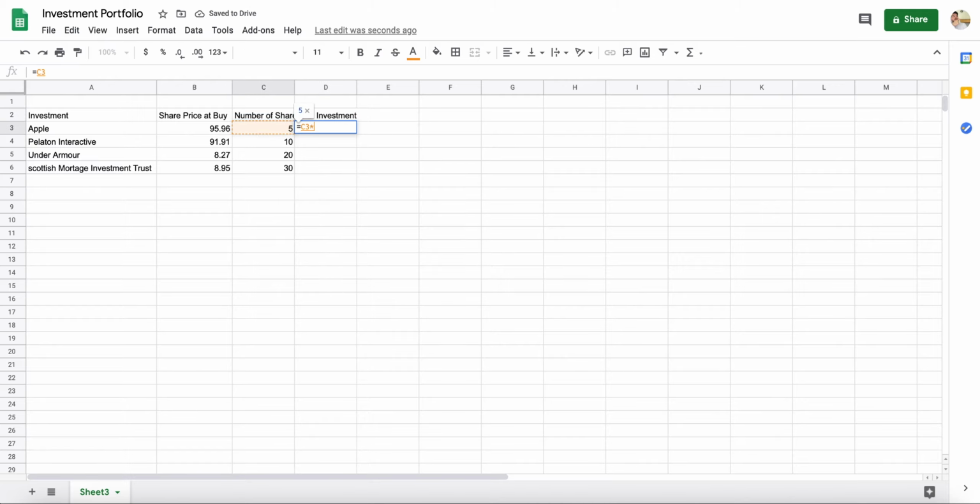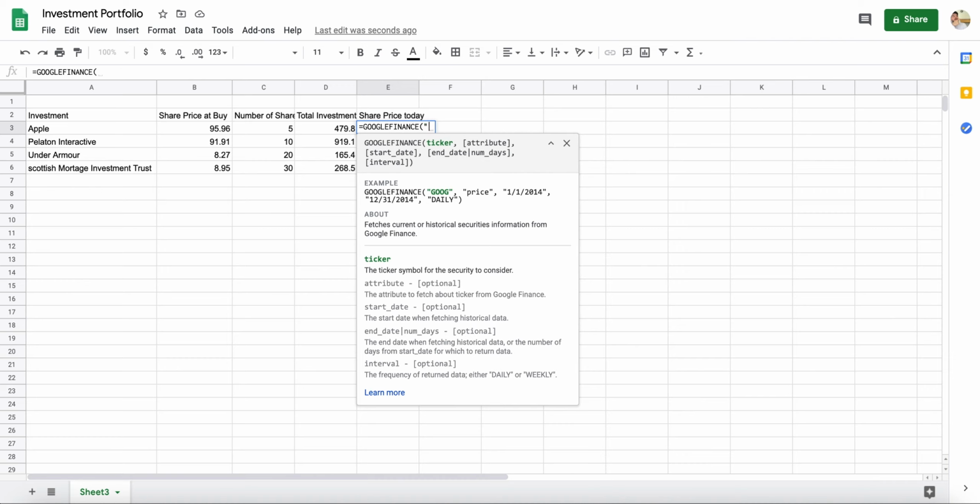Now also look at our total investment. Let's say this is the total money that we have invested in these stocks. Now, once we find out the total investment, let's look at the share prices today for all these stocks. So this is where the Google Finance function comes into picture.